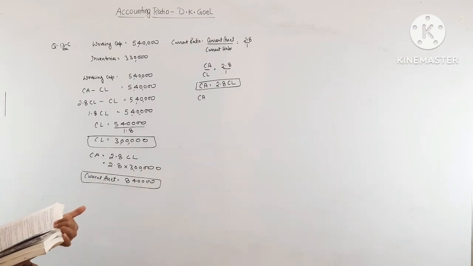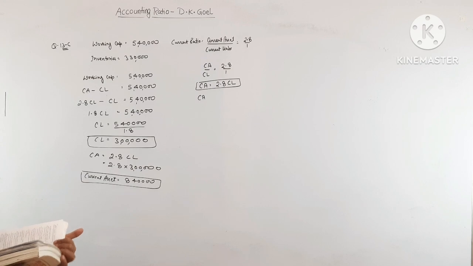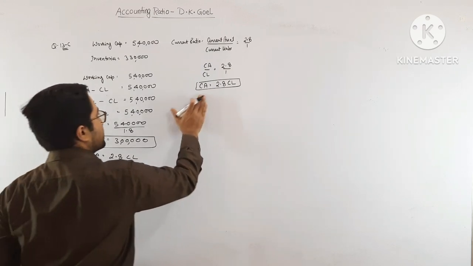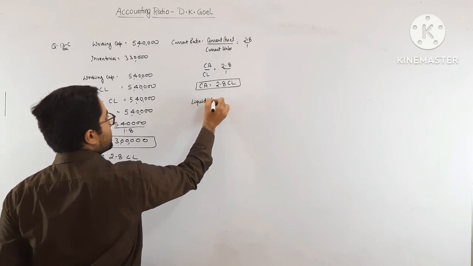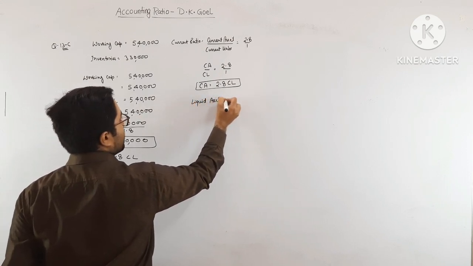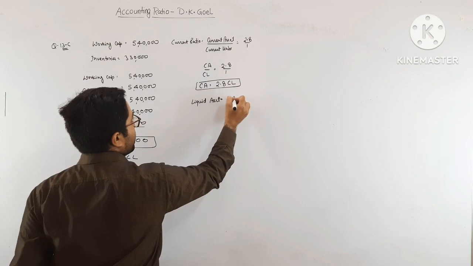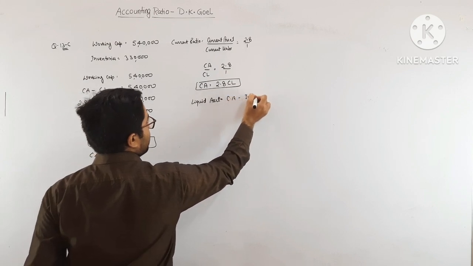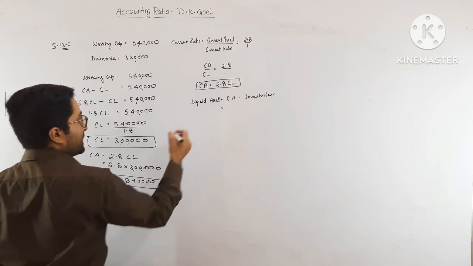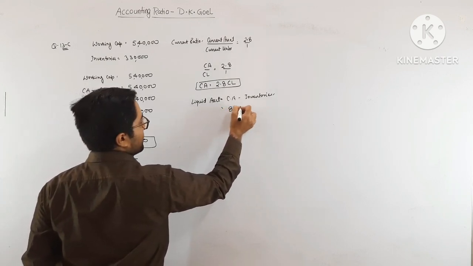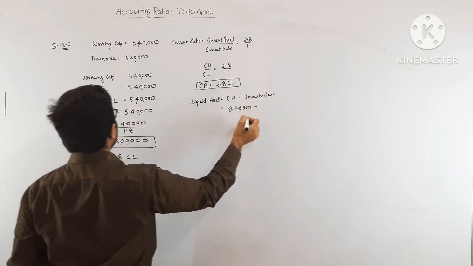Now the next thing is you have to find the quick ratio. For the quick ratio you have to find the amount of liquid asset. Liquid asset equals current asset minus inventory. Current asset is 8,40,000 minus inventory.